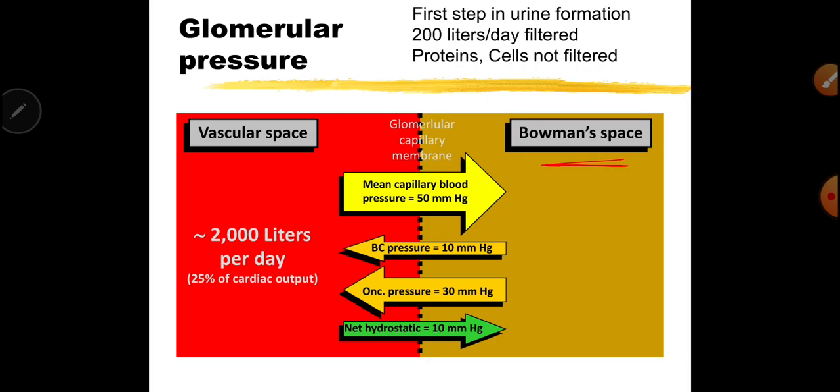But finally, the net pressure from the vascular space will be larger, pushing fluid inside the Bowman's capsule. And by this, about 200 liters per day will be filtered in the Bowman's capsule. Of course, this will be processed more, and finally we will have only about 1.2 liters of urine per day.